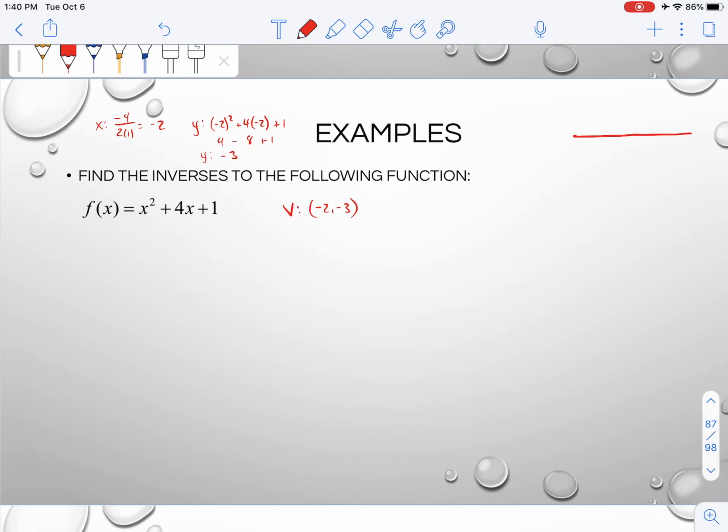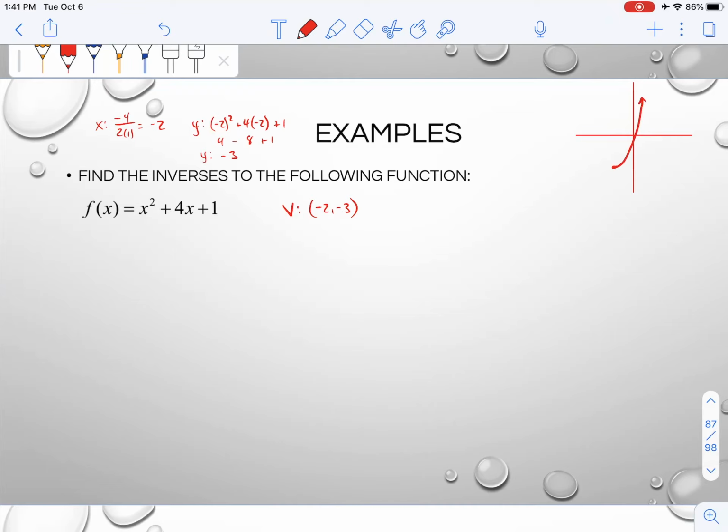All right, so if I sketch this at negative 2, negative 3, so somewhere maybe down about here, I'm going to have function drawing that might look something about like that.